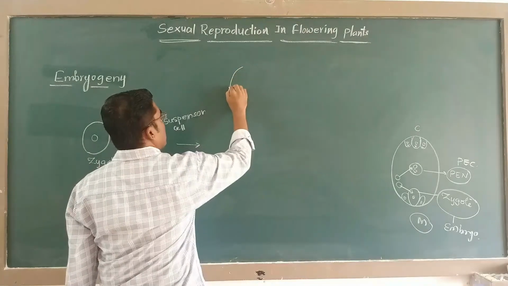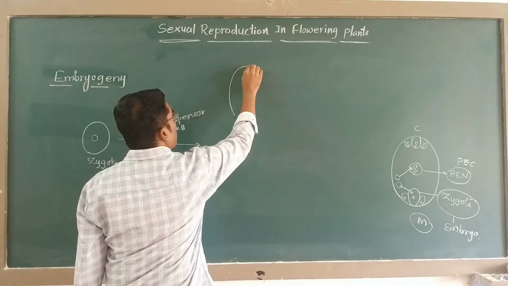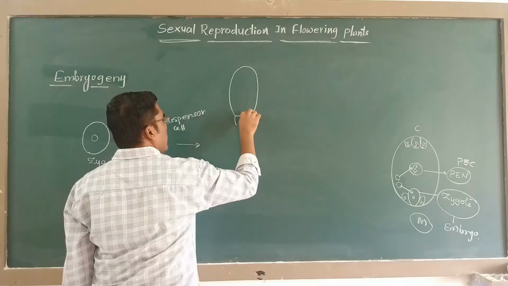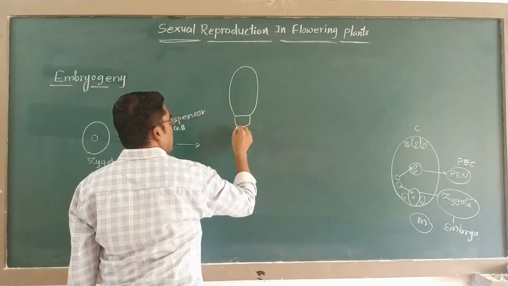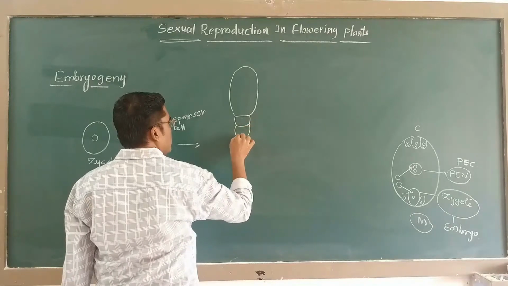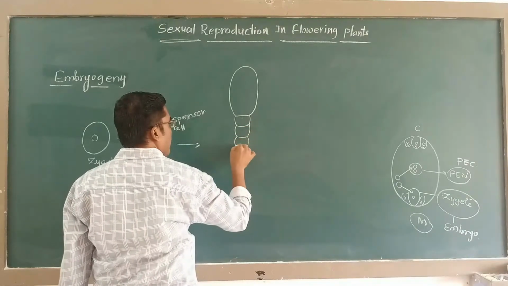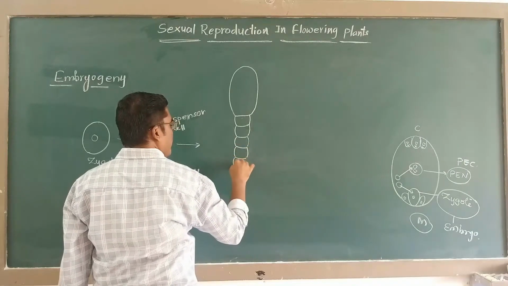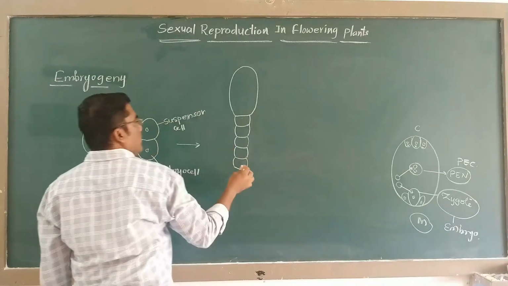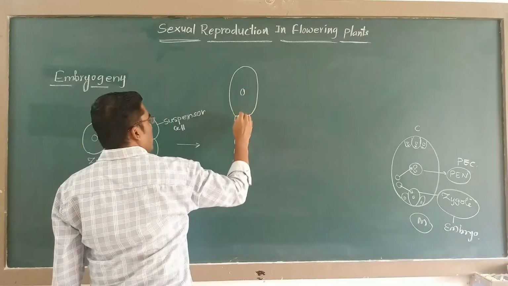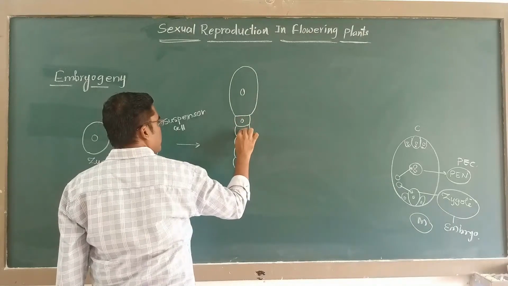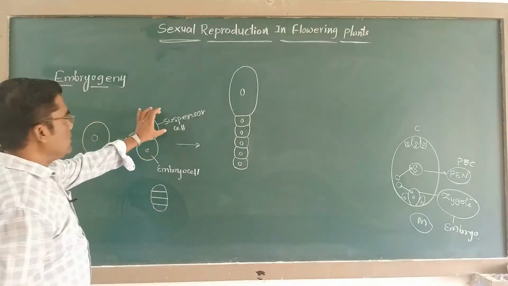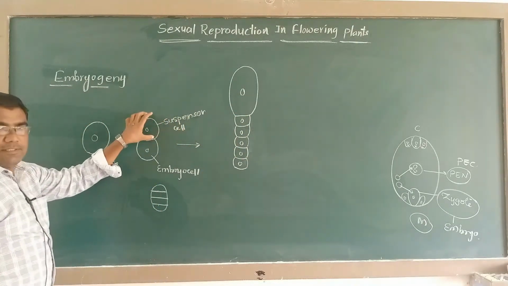This is the first cell, this one is the bigger cell. Next, cells are arranged in series. So here nucleus is present in these cells. Okay. So this is said to be the suspensor, and this suspensor is produced by the suspensor cell.